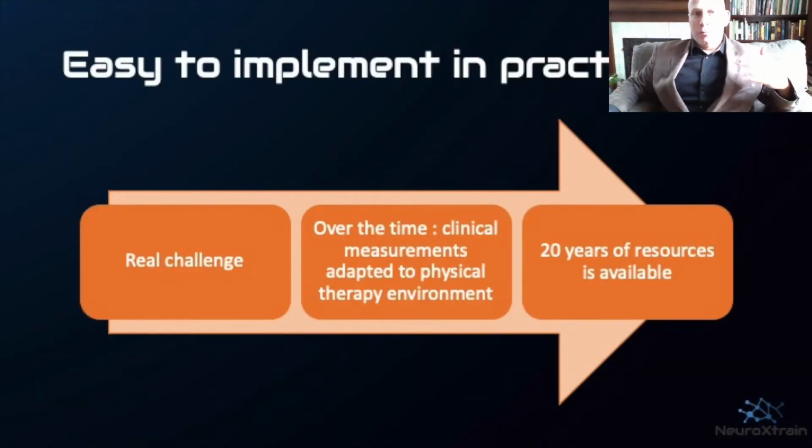Usually we're using expensive equipment, but in parallel, we've tried to do very clinically based measurements that any clinician could do in their physical therapy environment or their clinical office environment. So the good thing is a lot of this parallel work has already been done so that people can take what we've done over the last 20 years in the laboratory and apply it directly in their clinic.